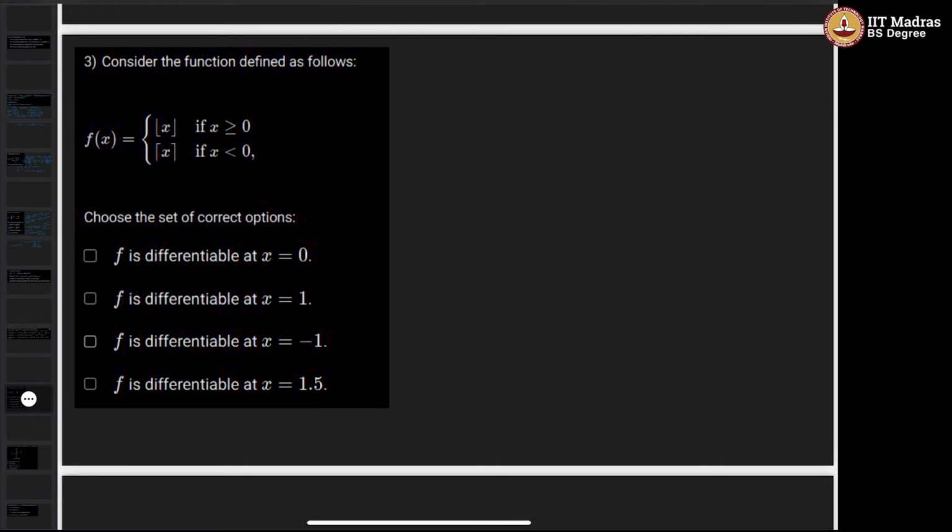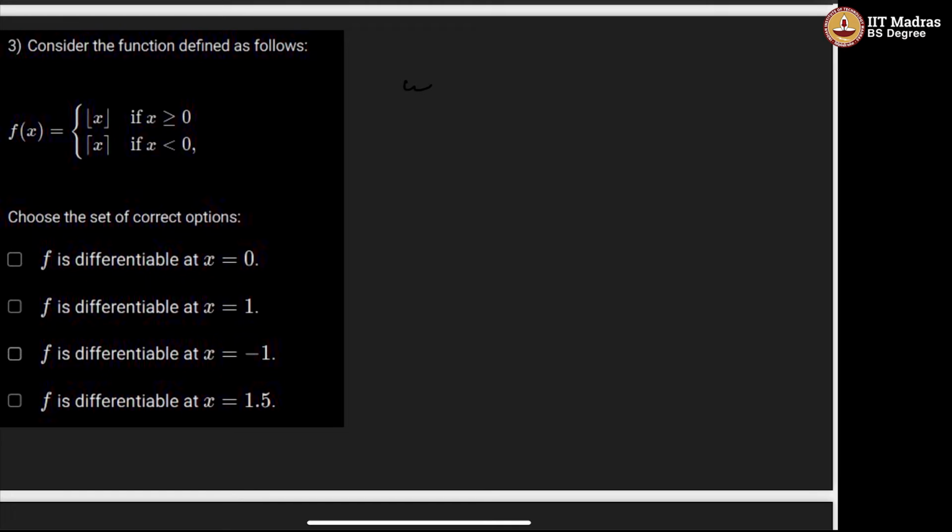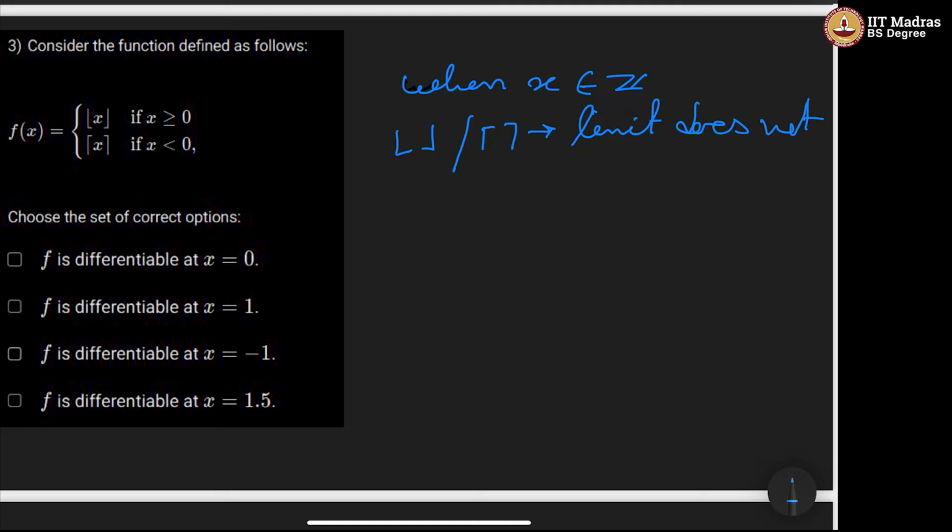We know that when x belongs to the set of integers, for both the floor function and the ceiling function, the limit doesn't exist at x, right?